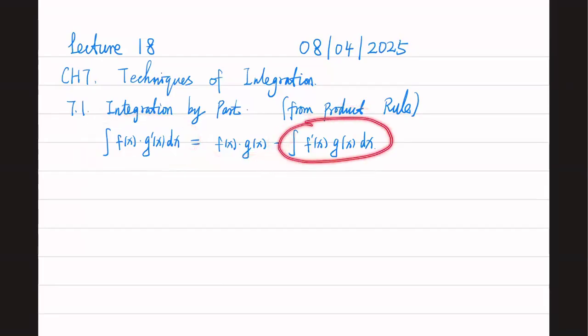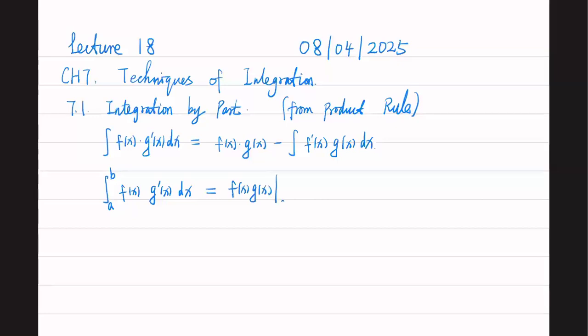And for the definite integral from a to b, it will be the values at the two endpoints of the same integral. Okay. As the application to this, we integrate the following.